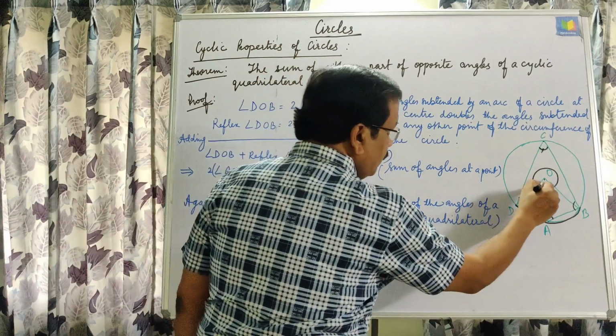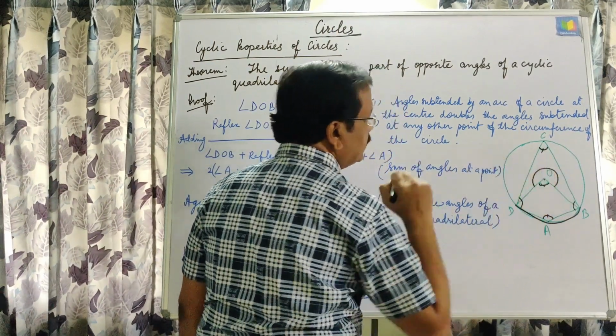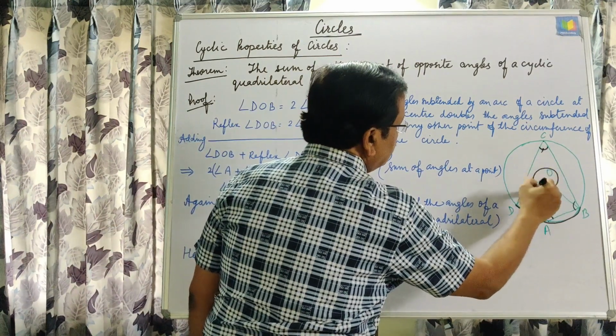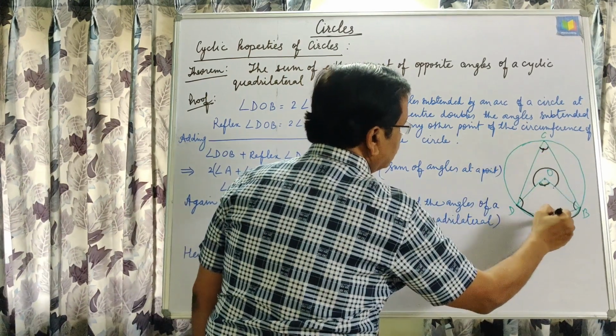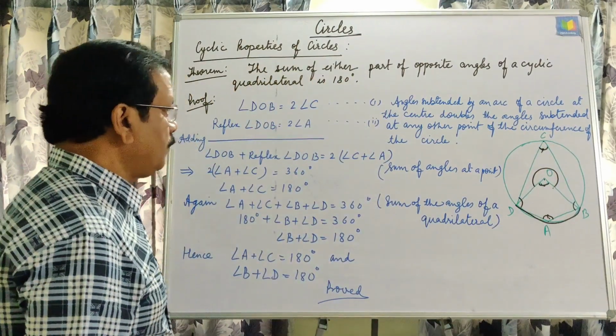If we add all this, the whole angle will be 360 degrees, and adding these two, this 360 degrees is double this plus this, so this plus this will be 180 degrees, and this is what we have to prove.